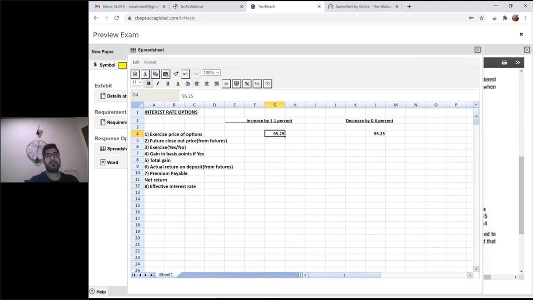Now you need to compare it with futures closeout price from futures. So we already computed futures closeout price in futures. So let's see what is the futures closeout price in futures.